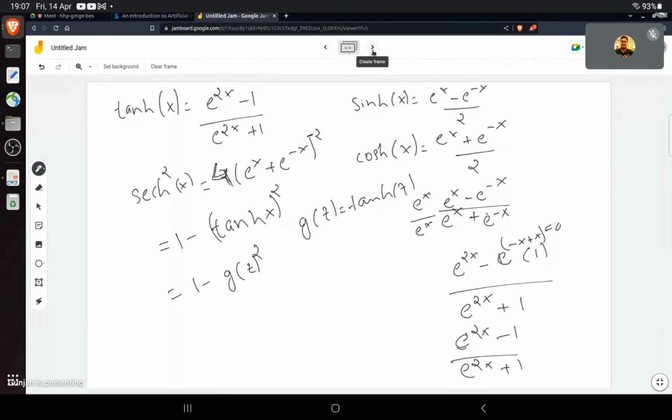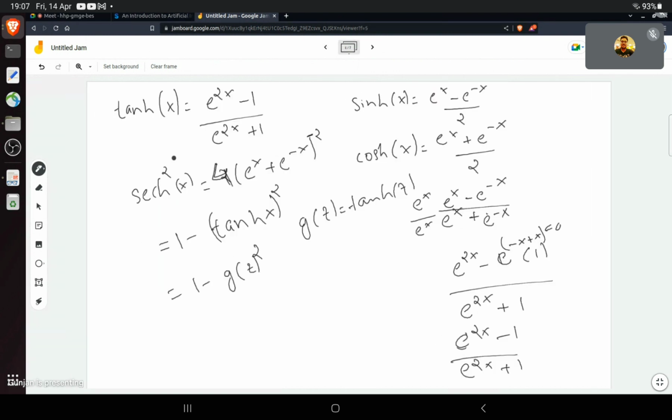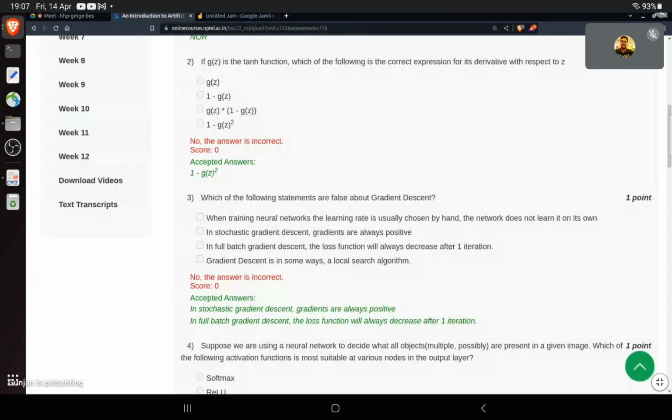But in the frame of reference of this course, did you try on your own finding these values and actually verifying that tanh squared x plus sech squared x is equal to 1, so it becomes 1 minus tanh squared x, and that's how you follow, or you just go with it? Anyways, it's fine. It's not needed. So differentiation of tanh is sech squared x, and sech squared x is 1 minus tanh squared x, and that's how you get 1 minus g of z squared.